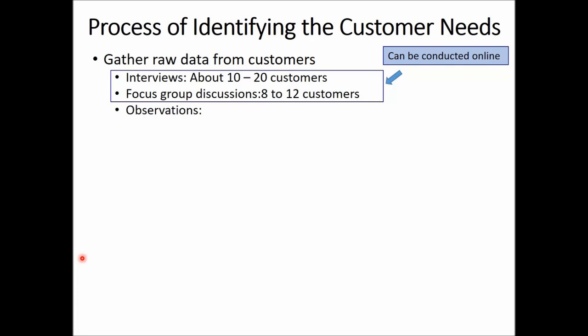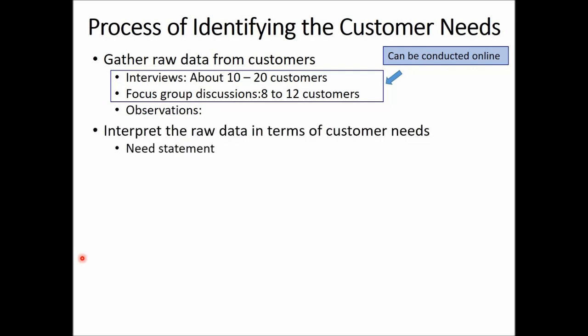For example, your colleagues, your batchmates, your friends, your relatives, or anybody in your neighborhood. You could consider them as customers and get information from them for the sake of doing this exercise. And of course, you can get some information just by observing the way people use the product, and identifying the difficulties they face, and identifying some possible added features that you could include to make the product more attractive.